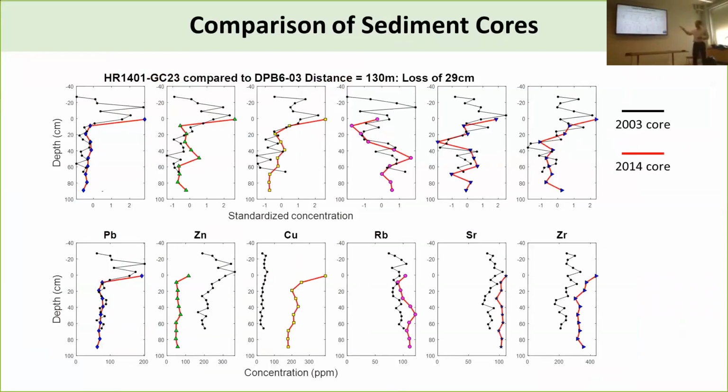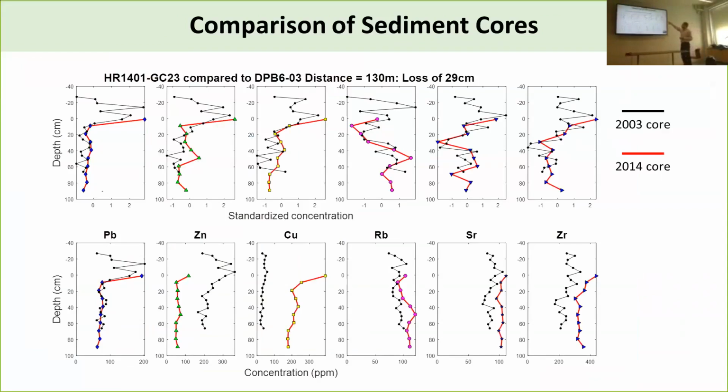So we can get these individual profiles, and we get a profile for the old core and a profile for the new core, and often, with the beginning of industrialization or certain input in certain areas, you get a certain peak or spike in the metal content. So we're shifting the curves up and down to see where most of the elements match across the board in both, and it gives us a fit.